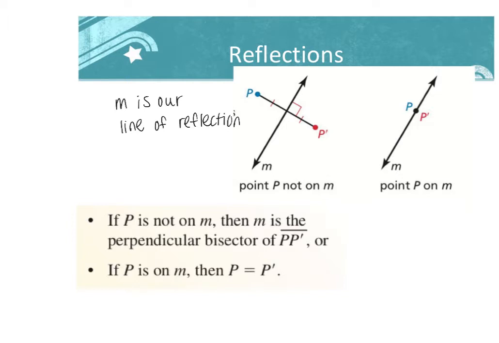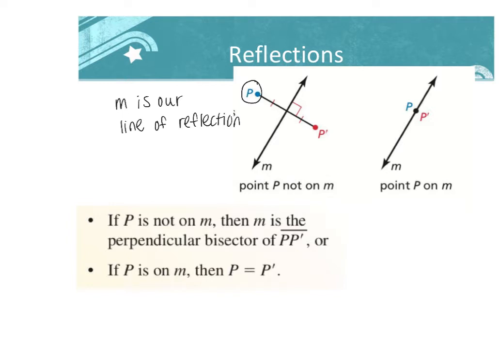Okay, so if P, our point right here, is not on our line M, or our line of reflection, then M is the perpendicular bisector of P to P prime, or if P is on M, then P is P prime, okay?